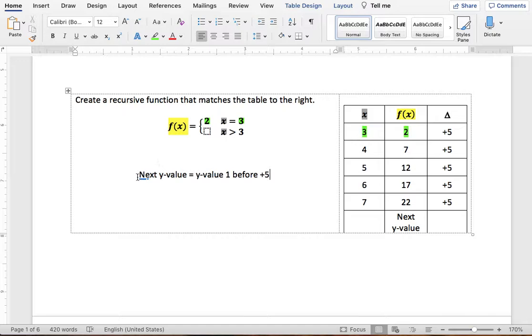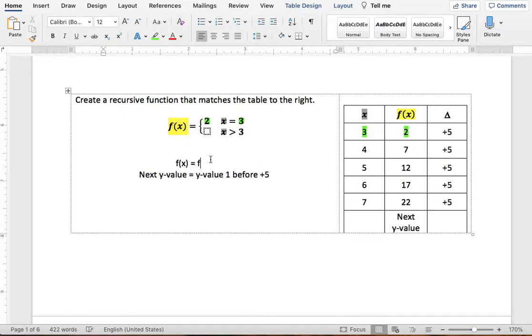I know that next y value, that's just sort of like saying f of x, because that's my y, is equal to y value 1 beforehand.